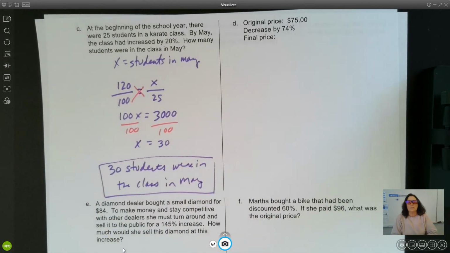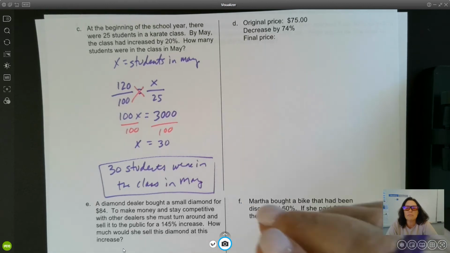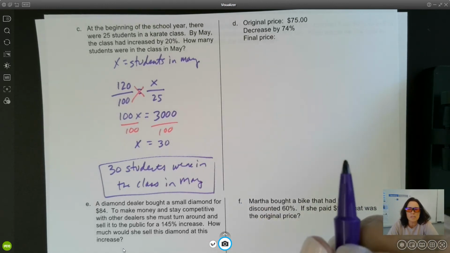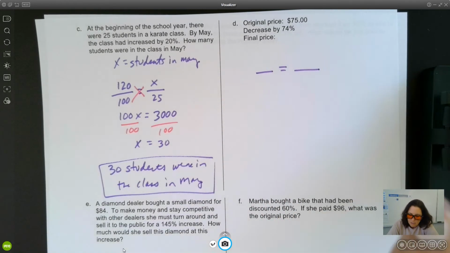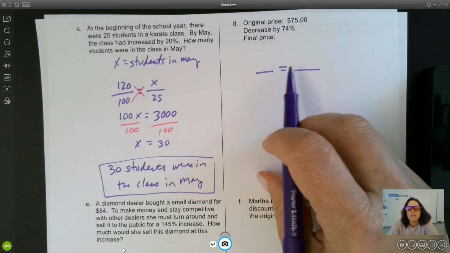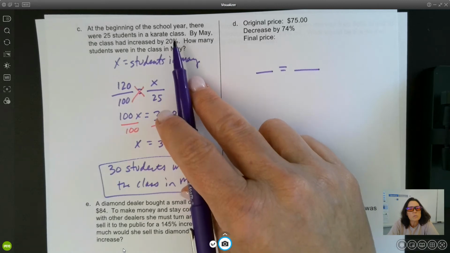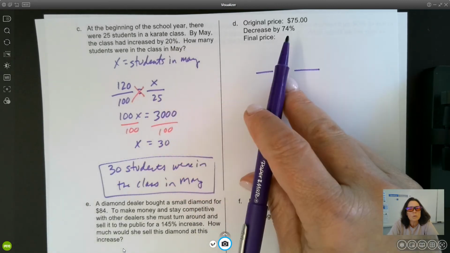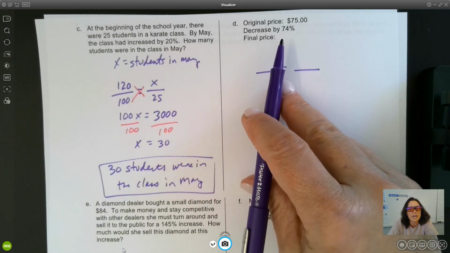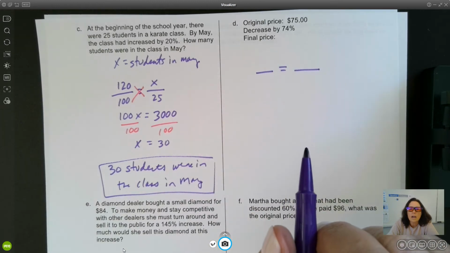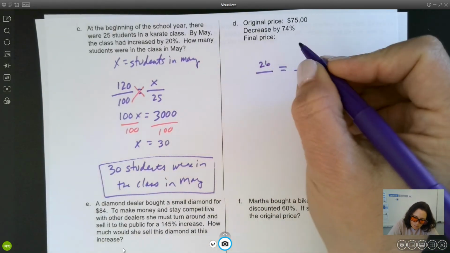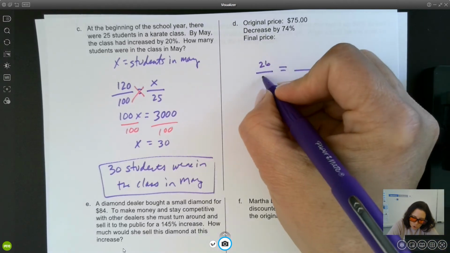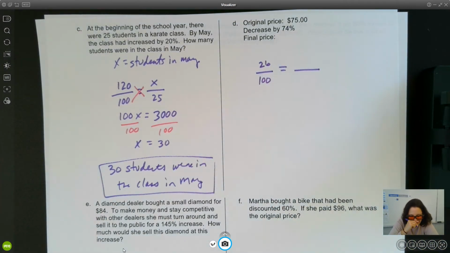Okay, letter D. Original price $75, decreased by 74%. Find the final price. Okay, this one we don't need the X defined like we do here because this was more of a word problem. This one we can see final price is X. If we're decreasing by 74, we're going to take 100 minus 74, which is 26 over 100.